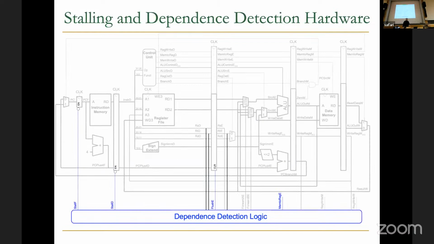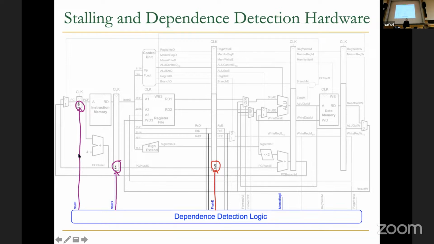Okay, so we have stalling and dependence detection hardware. This is kind of review because you have already seen that. We have some signals from this dependence detection logic, like flush, and also stall D and stall F. So we already covered that.